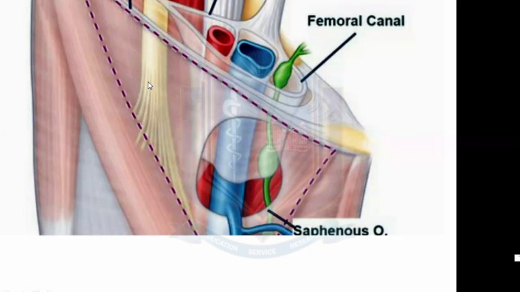But the point to remember is that the femoral nerve is not a content of the femoral sheath. The three compartments of the femoral sheath are: lateralmost is the femoral artery, the intermediate area contains the femoral vein, and the medialmost is for the lymphatics, the femoral canal. So, what would be the clinical importance of the empty femoral canal?